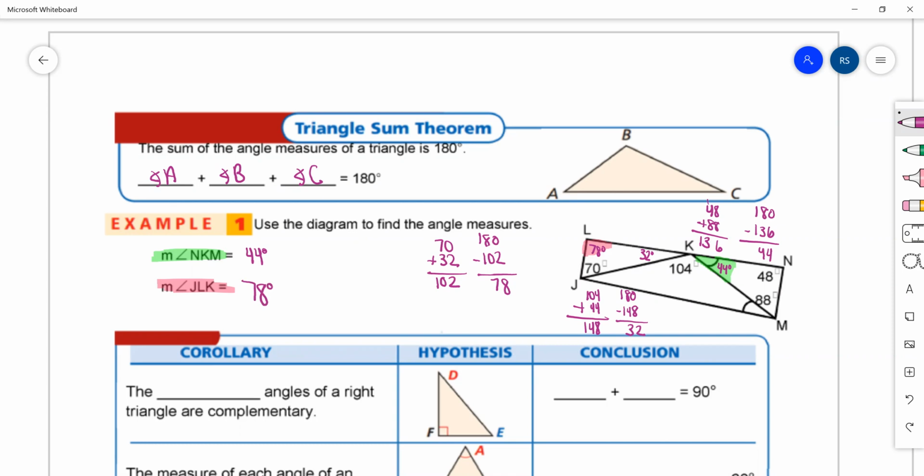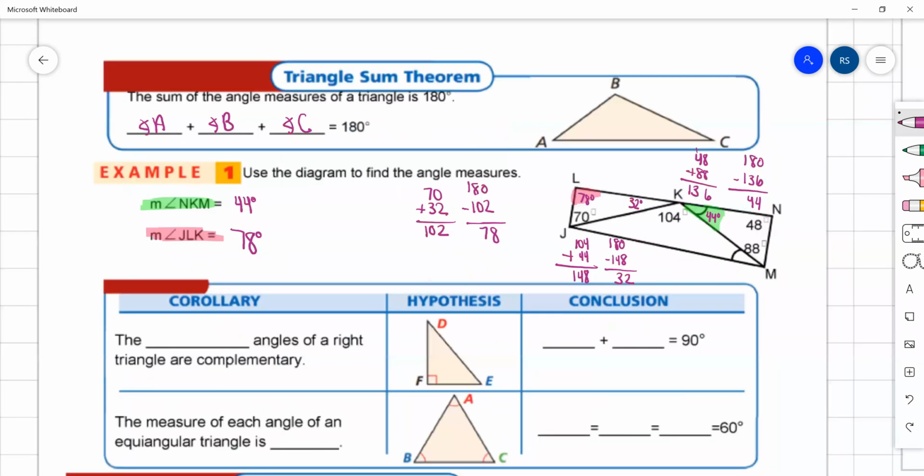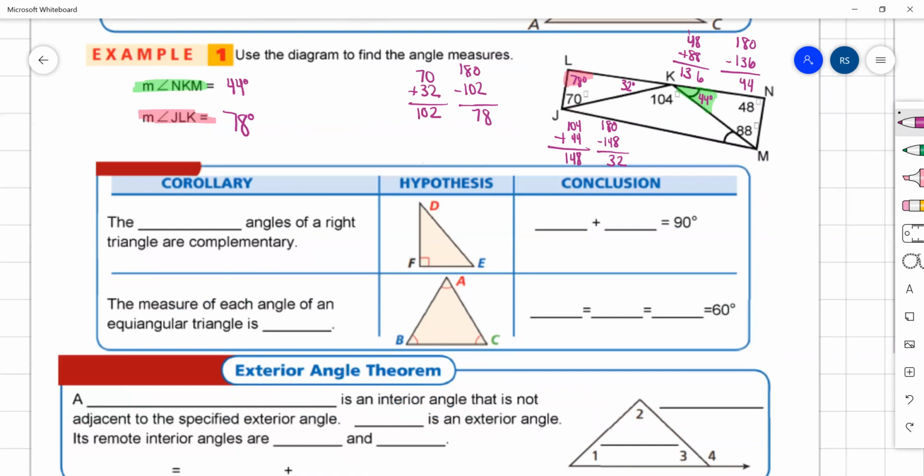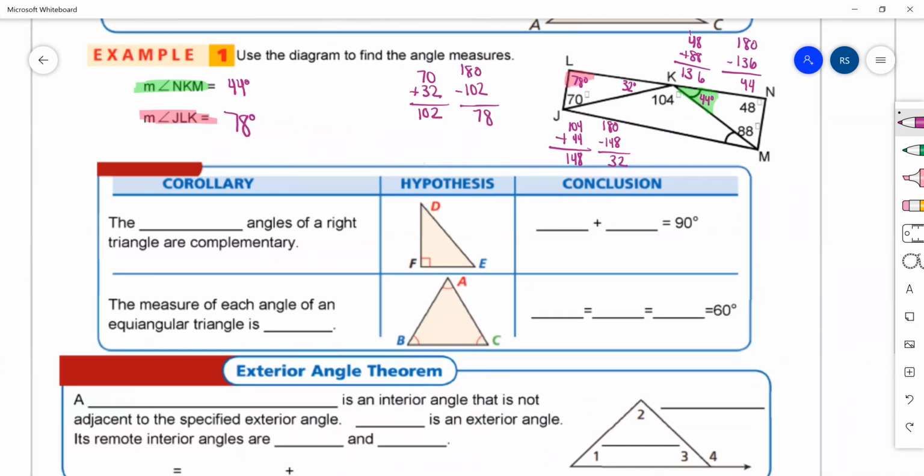So this problem took us a little bit, but that's okay. We got it done. Now we have several corollaries, theorems, all that good stuff to look at.